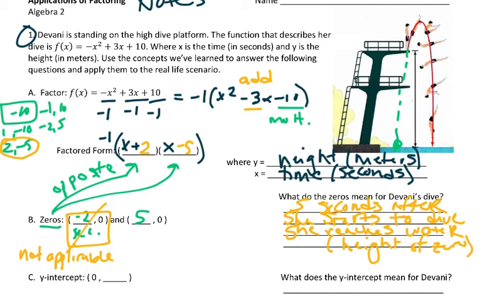So again, you can see how each of these is applied. So 5 seconds instead of just 5, and then 0 for your height, meaning at water's level.